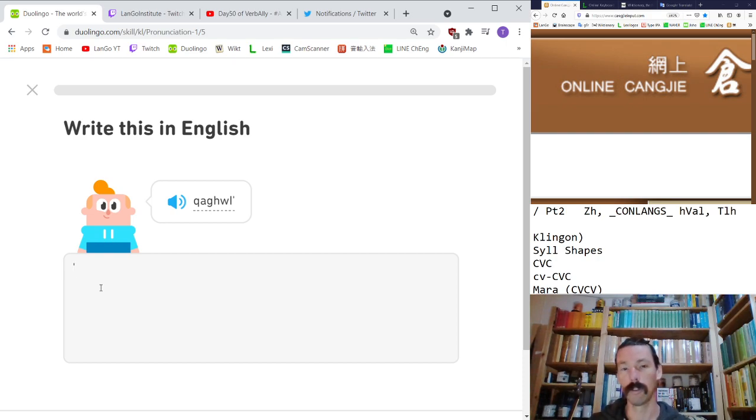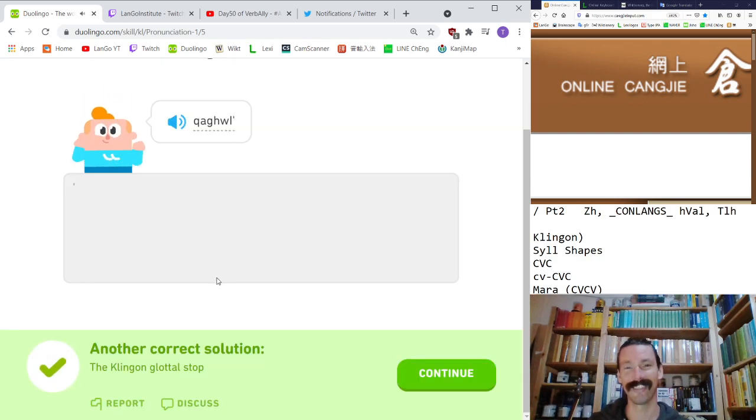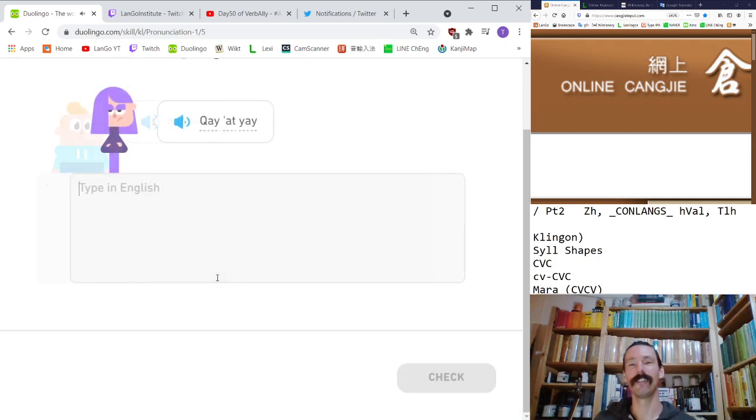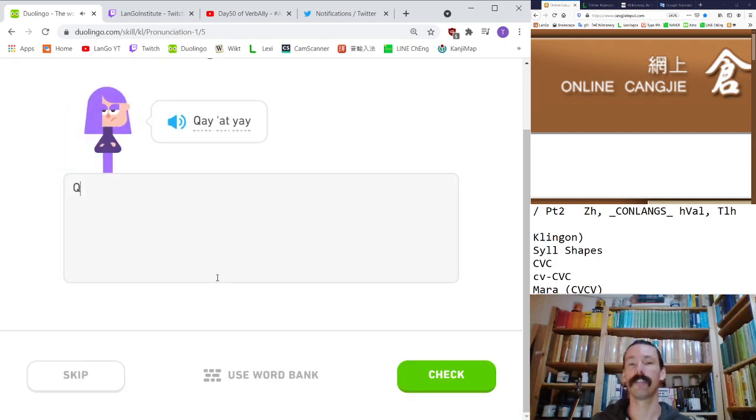So, doubt we'll see this in lessons after this pronunciation one, but it's nice that they've made up a word, a two-syllable one for the glottal stop. We'll just enter the shortest answer ever.